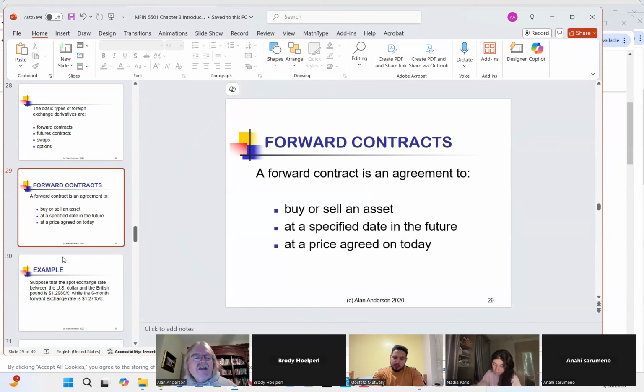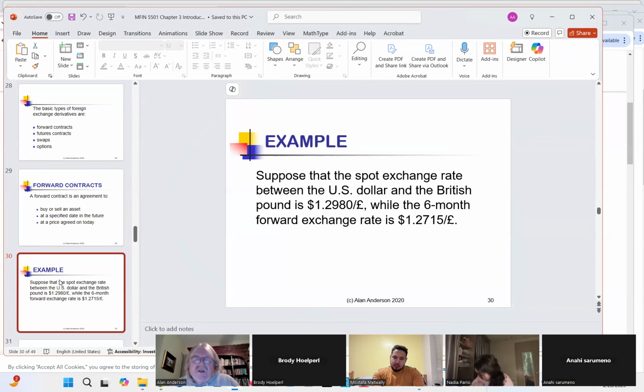Let's say, for example, you look in the Wall Street Journal and you see that the spot exchange rate between the dollar and the pound is 129.80 per pound. And then you see this other interesting quote here. The 6-month forward exchange rate is 127.15. What that means is I have the right to enter into a forward contract to either buy or sell pounds in 6 months at a price of 127.15.